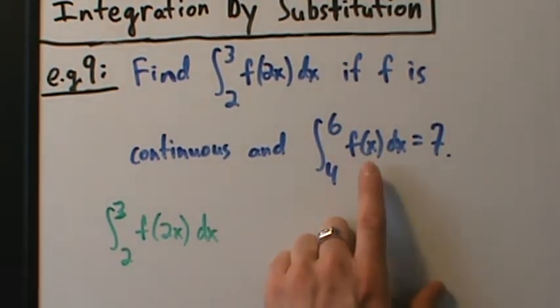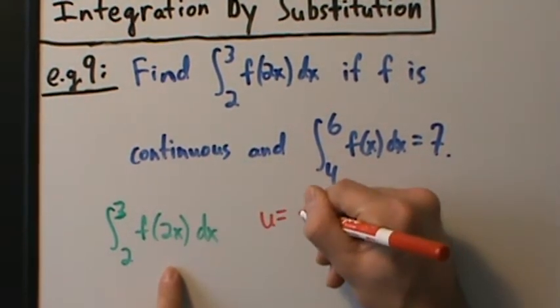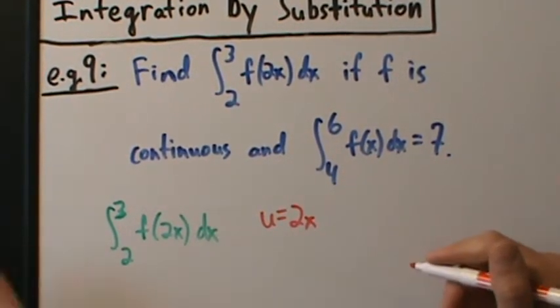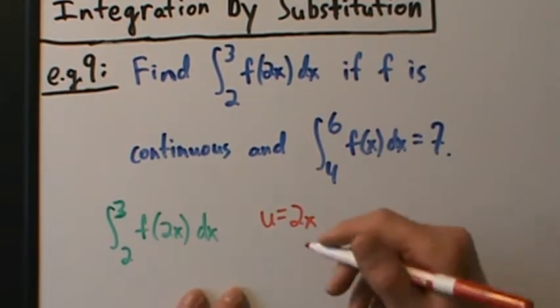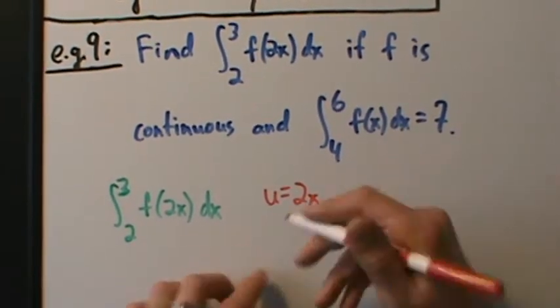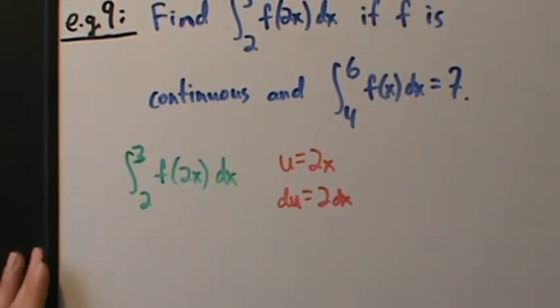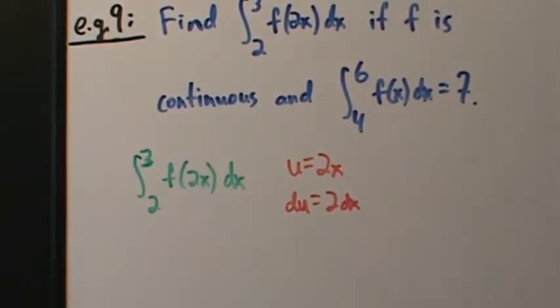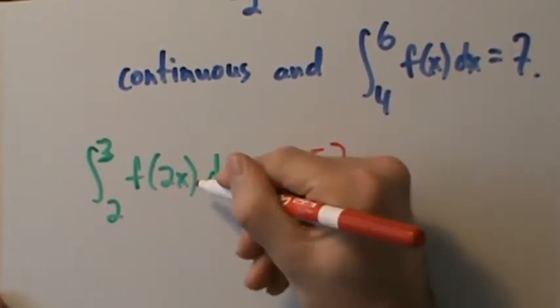But here I have f of 2x, so let me take 2x and rewrite it as u. Two different ways to think about that: let u be the inside guy, or just take this 2x and rewrite it as a single variable with no 2, because that's what I know something about. If u is 2x, then du is 2 dx. But I don't have 2 dx, I just have dx. So let me stick a 2 in here.